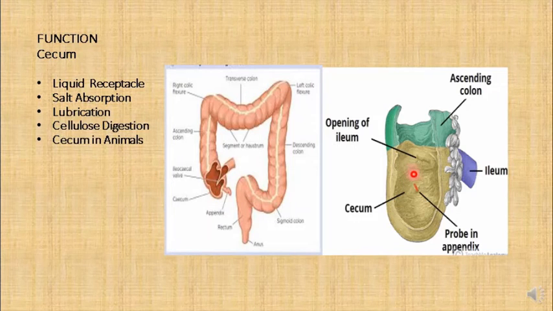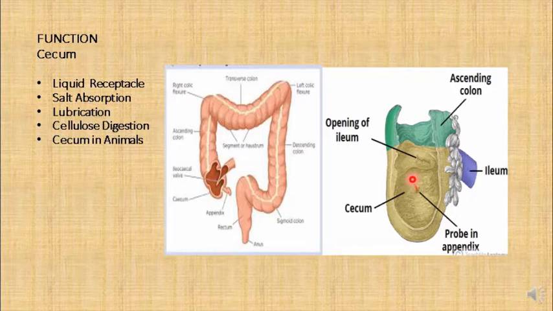During digestion, the small intestine absorbs nutrients from the food and passes the solid waste products and liquid into the large intestine. And the cecum collects it as a pouch.